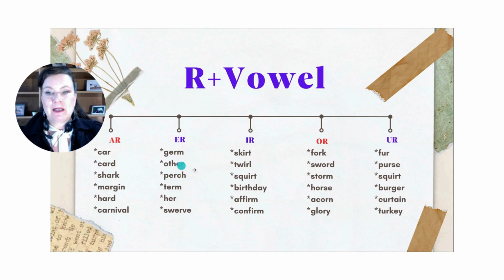Germ. Here again, ER. Here for the ER in perch, perch. Just the R, just the rhotic R. Term, term. Her, her.